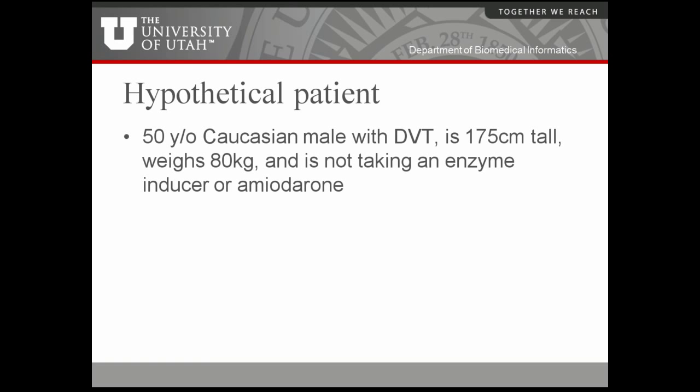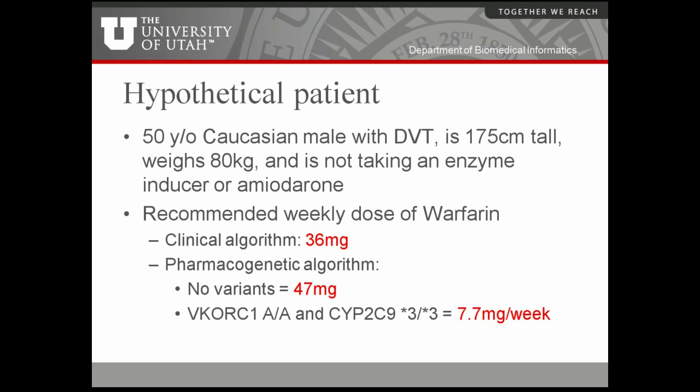And to remind you of our hypothetical patient, which I'll be entering into the warfarin tool, it's a 50-year-old Caucasian male with a deep vein thrombosis, 175 centimeters tall, weighing 80 kilograms, and not taking any medications that would affect warfarin metabolism.